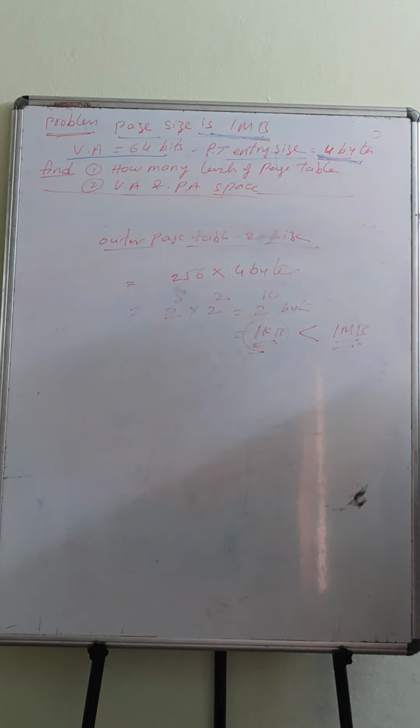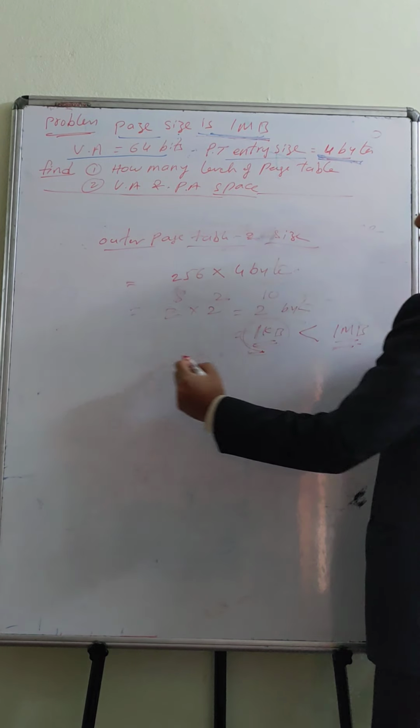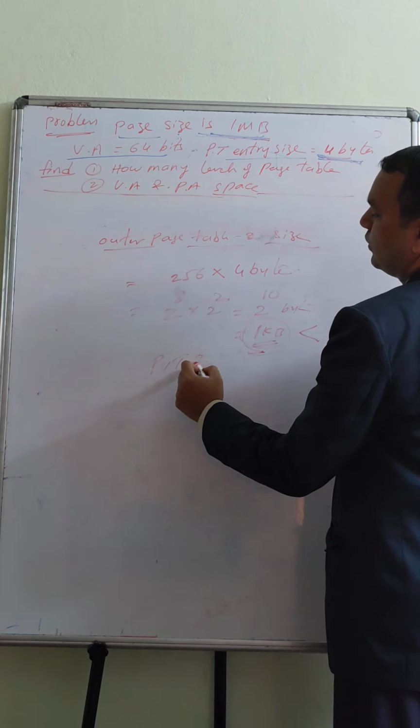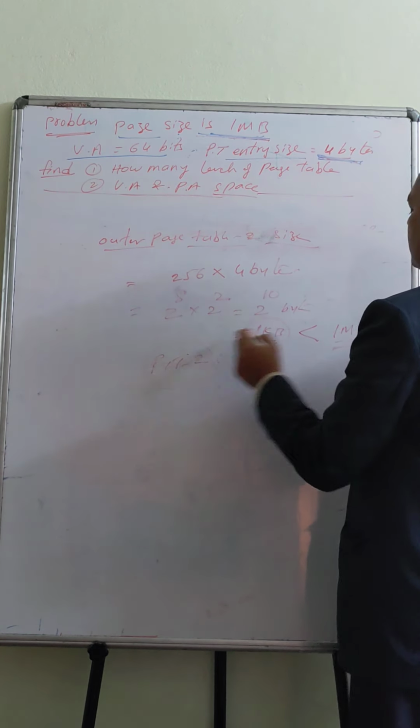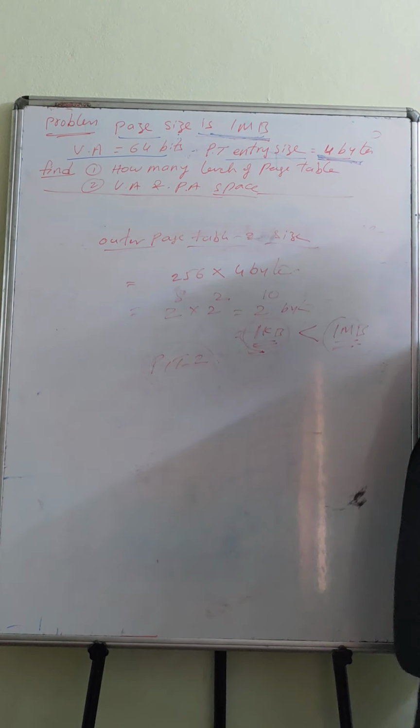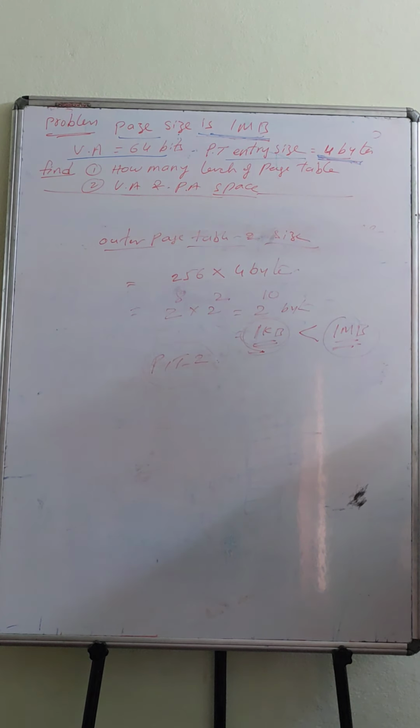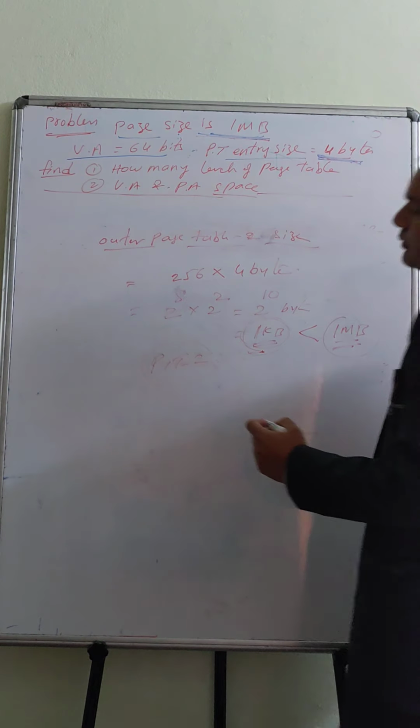So this page table PT2 can fit into 1 MB memory. My dear friends, page table 2 is sufficient to store in any one of the segments. Now, outer page table 2 contains how many entries?